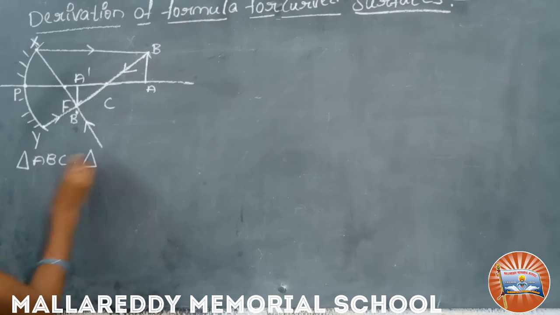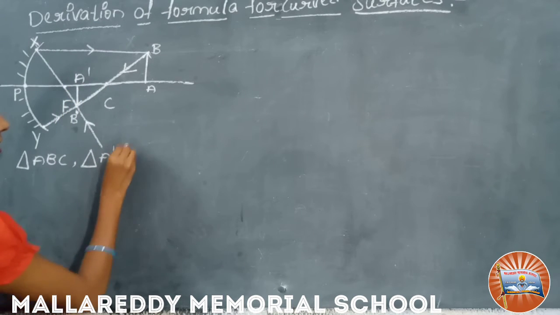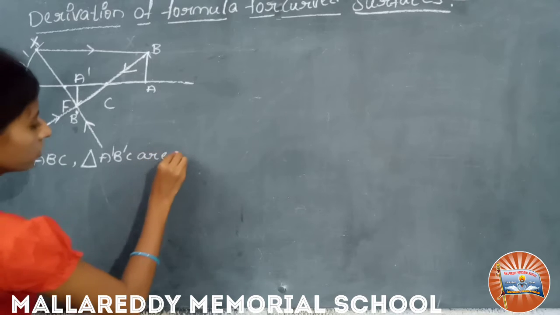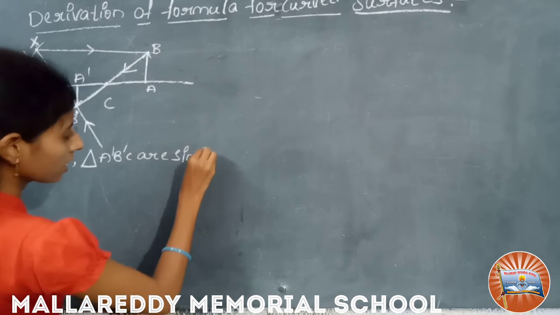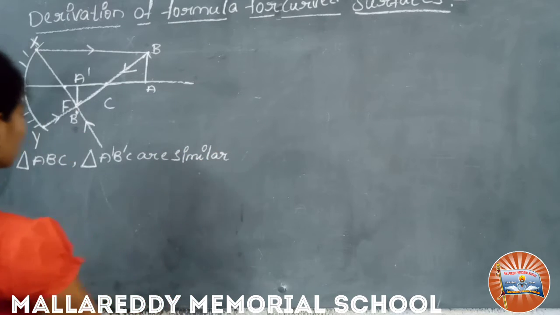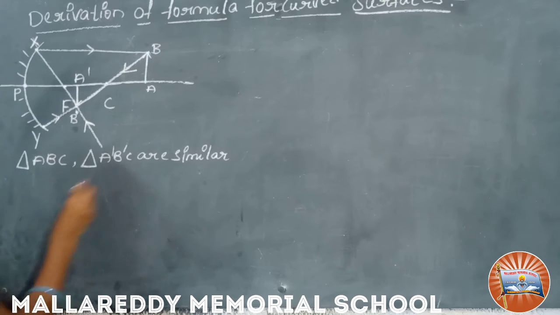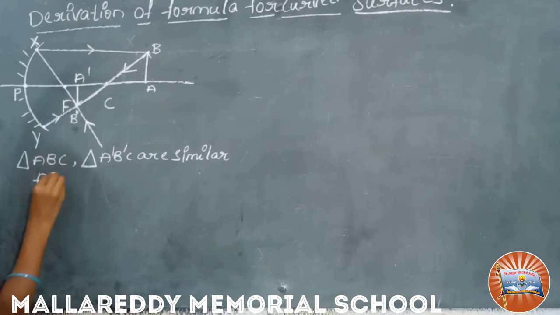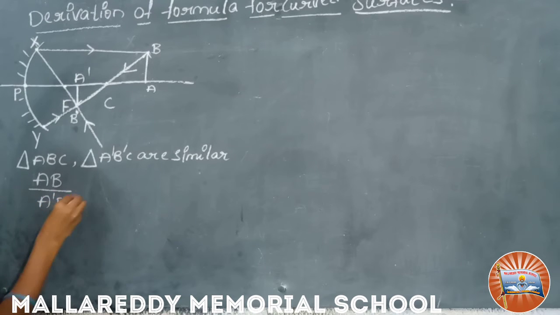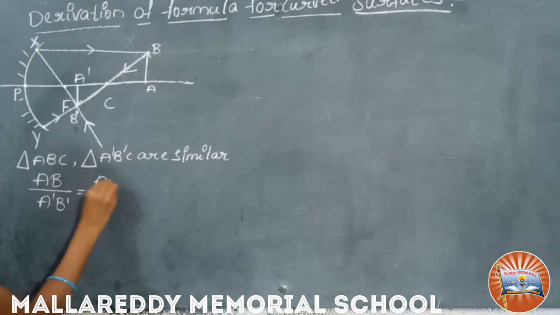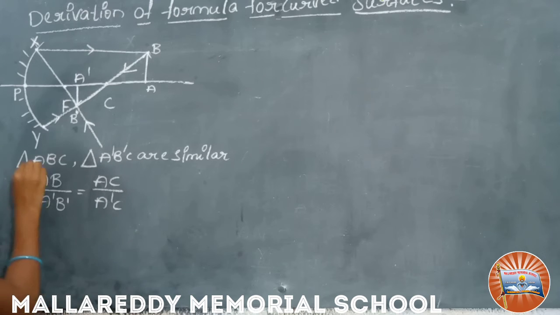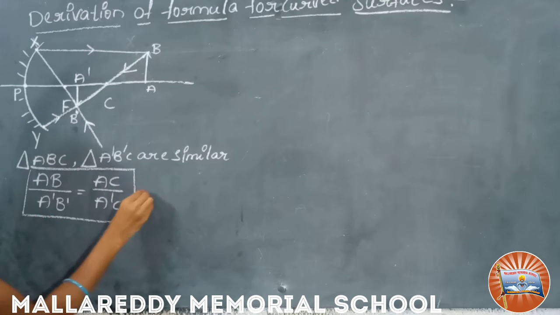This is one triangle, are similar. We can say that triangle ABC and triangle A dash B dash C are similar, right? So from this we can write AB by A dash B dash equals AC by A dash C. Assume this is equation 1.